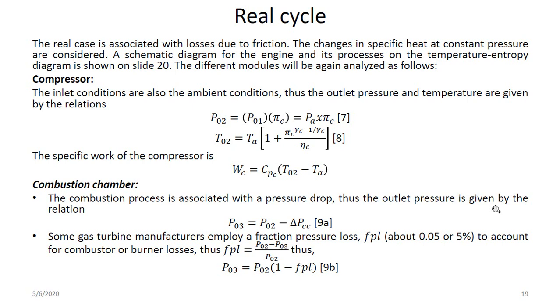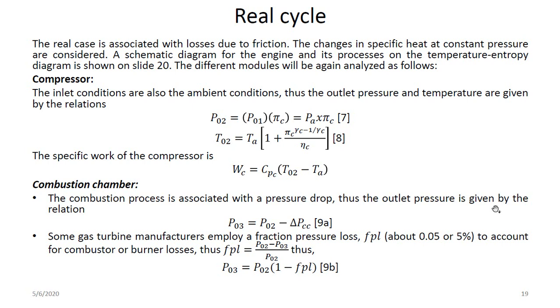So the numerator here is 1 plus the compressor pressure ratio raised to the power (gamma C minus 1) over gamma C. The subscript C stands for cold. Like the compressor, there's no combustion in the compressor, so this is the cold part.